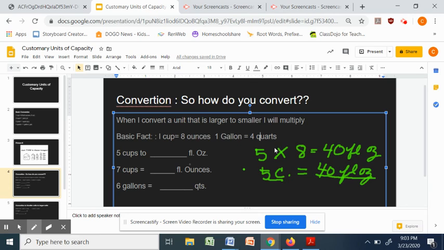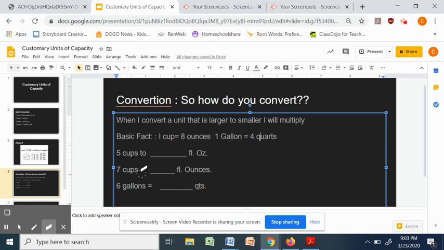All right, so let's try this. 7 cups to fluid ounces. Again, larger capacity to a smaller capacity.